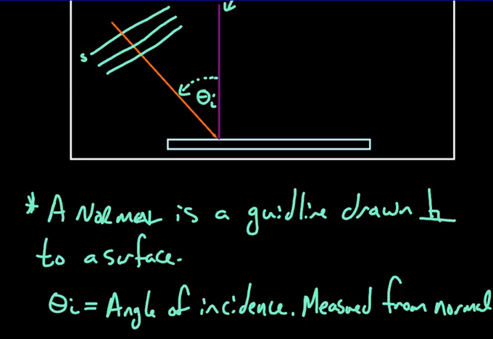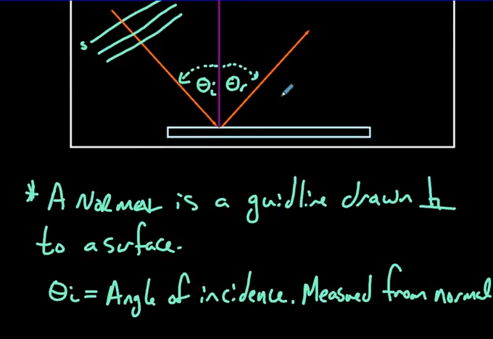Now it turns out that the reflection that's going to happen here, because these waves are going to reflect off this barrier, I want an arrow. The waves reflect off this surface in such a way that the angle of reflection, theta r, is exactly equal to the angle of incidence.